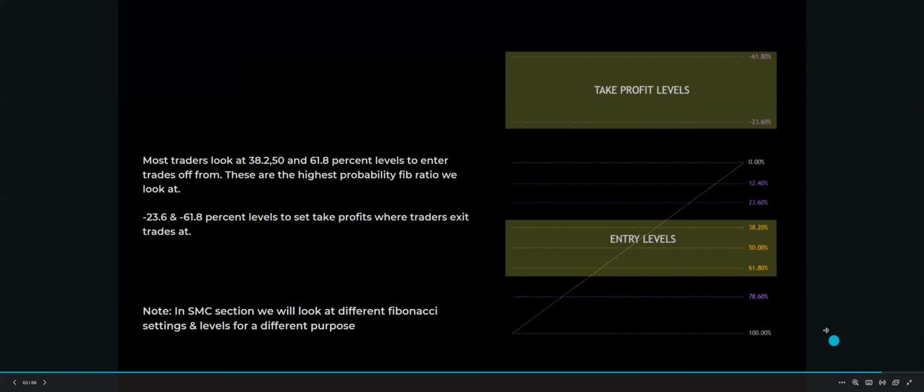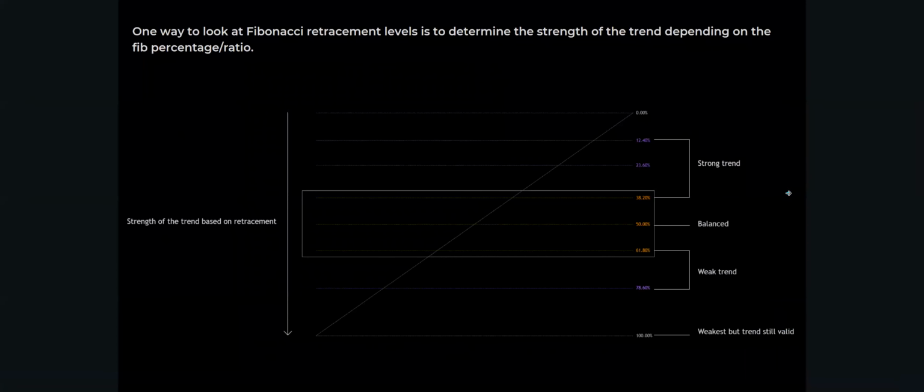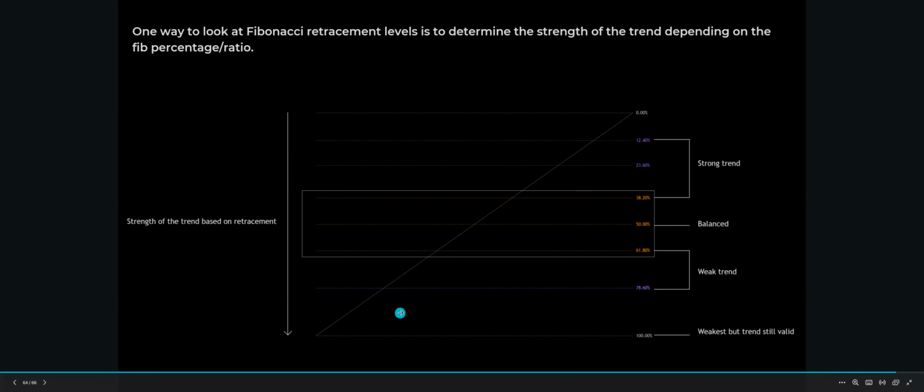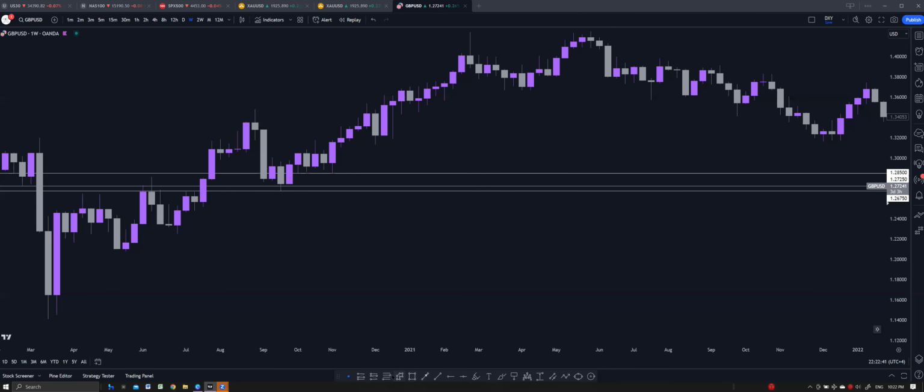So another way to look at Fibonacci is this. What does the Fibonacci actually test or gauge? We gauge the retracement, and not only that, we're trying to gauge the retracement in a way to see the strength of the trade, like I mentioned. So let me actually show it on my chart itself.